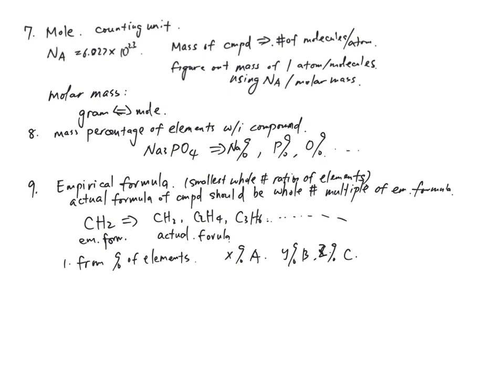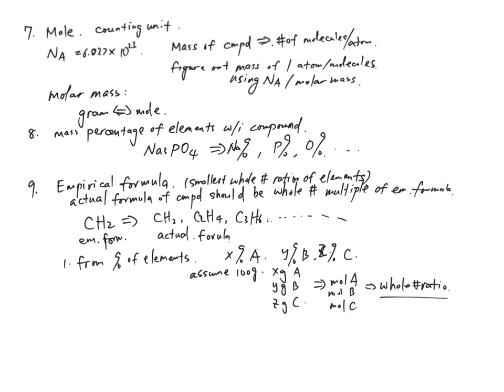How do you turn this into a empirical formula? So assume 100 grams of compound, and then you have X grams of A, Y grams of B, Z grams of C. Each of these can be turned into mole of A, mole of B, and mole of C. And then from there, once you get the mole, okay, divide everybody by the smallest number, trying to get a whole number ratio between the three elements.